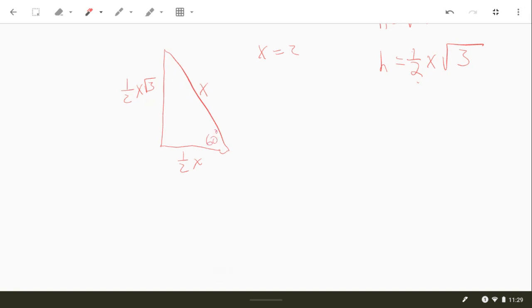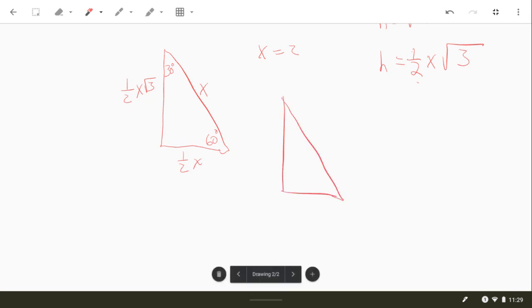So if I know that these are 60 degrees and 30 degrees, then any number that I choose for X is going to complete this triangle. It's going to make real side lengths. So if I choose 2 for X, what you're going to get is a 2 for the hypotenuse. Here, if you plug in 2 for X, that's 1/2 of 2. That's just going to give you a 1.